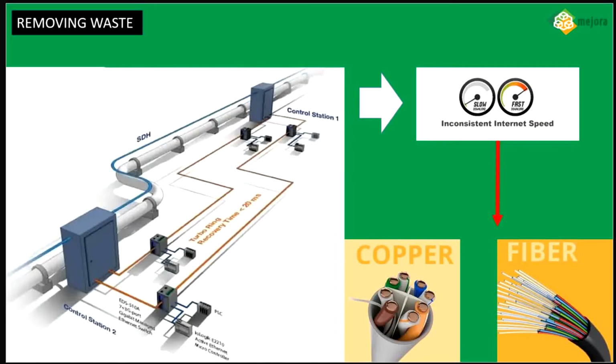So removing waste means, how do we remove that waste? The additional leakage in the copper, the resistance it provides to the internet, that is the waste here. And we are trying to remove it with fiber optic, which is a considerable improvement. So that is what removing waste in a process means.